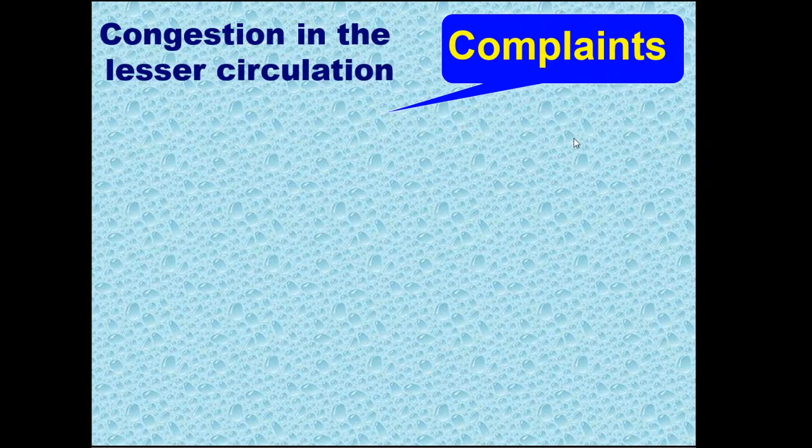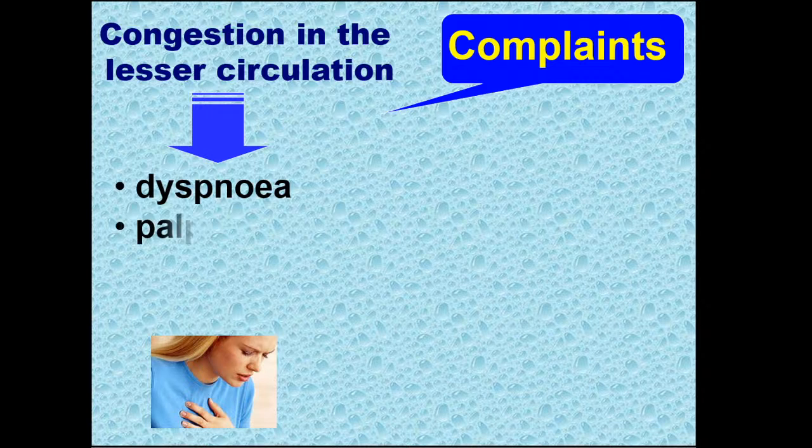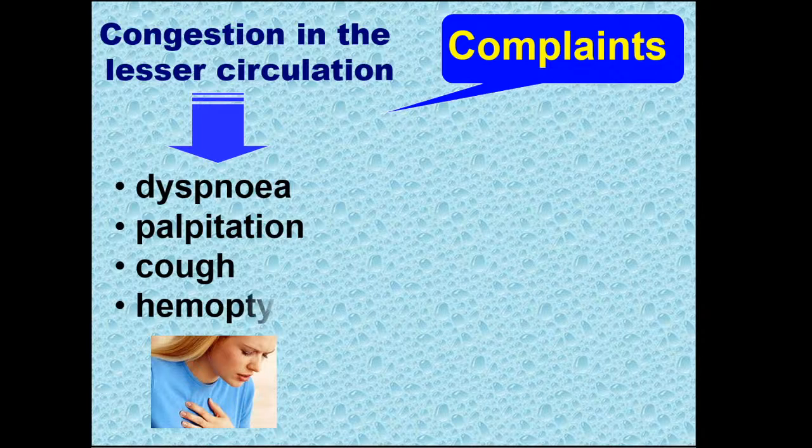Complaints of a patient with mitral stenosis are characterized by congestion of blood in the left circulation. If you remember the last lecture, when we talked about the diagnosis of heart failure, the patient complains of dyspnea, palpitation, then cough and hemoptysis, which indicates more progressive congestion of blood in the left circulation because of the problem with the left atrium.